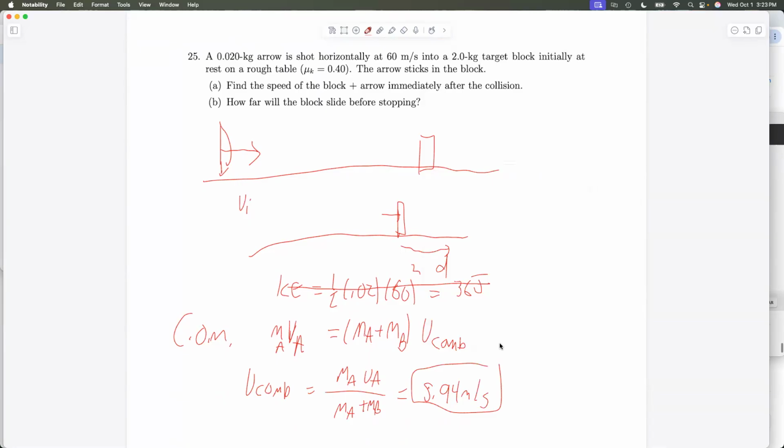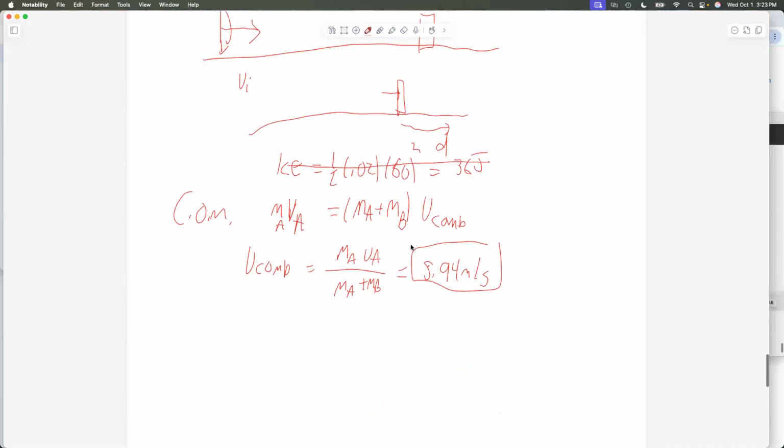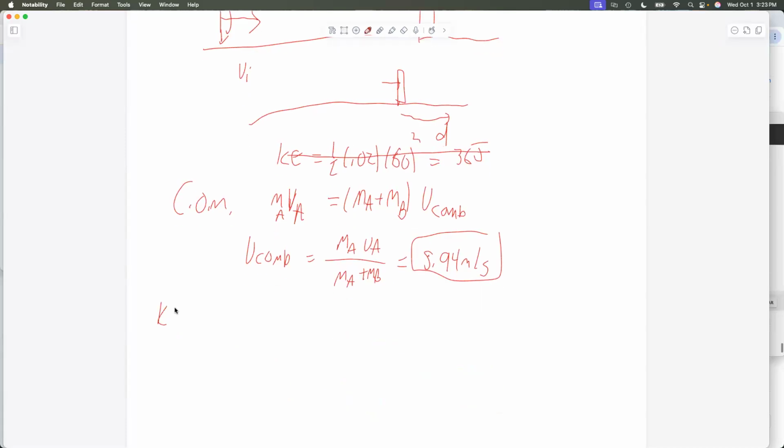Okay, now the kinetic energy of the combined block and arrow will be 1/2 times its mass times that new velocity squared.